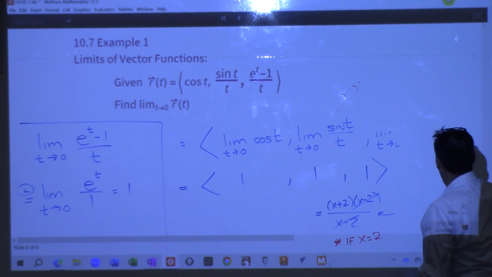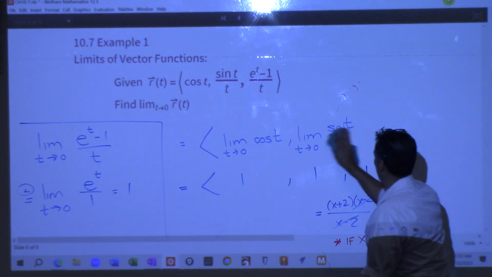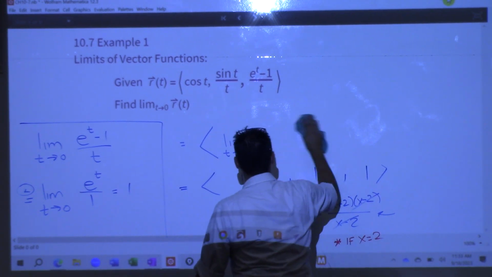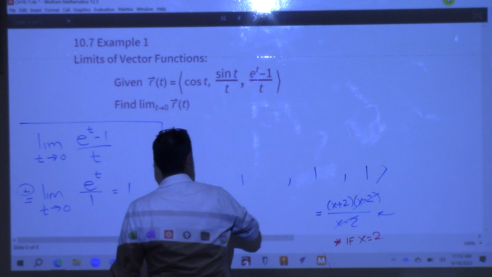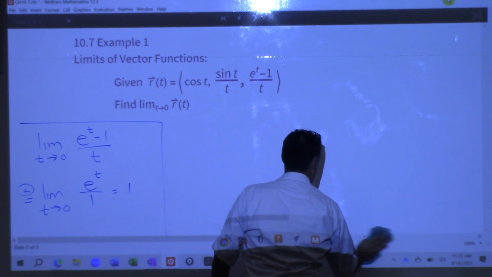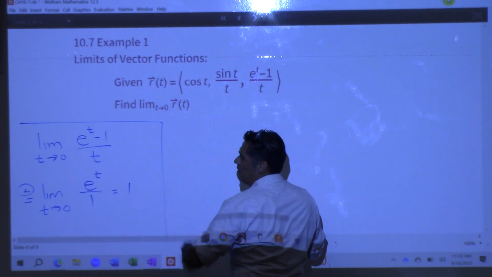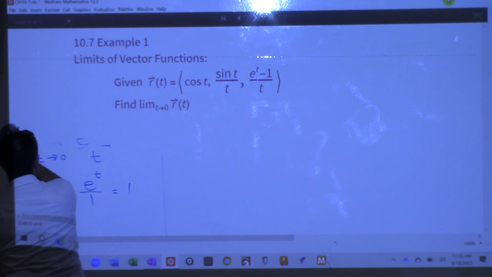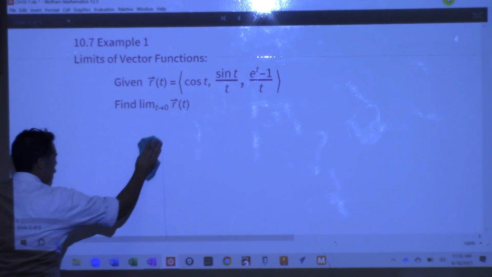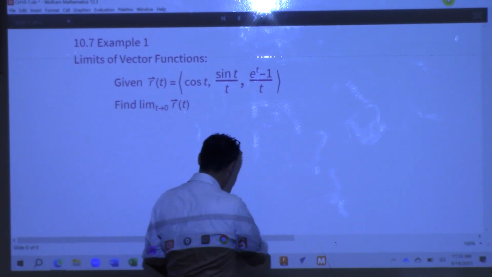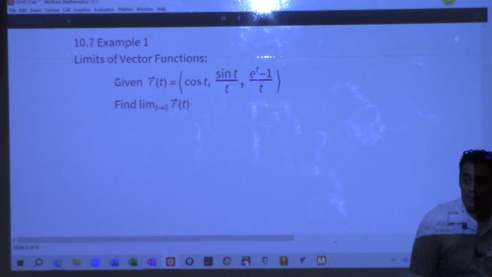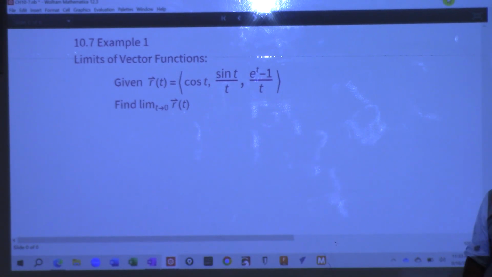And why is the limit so important? Why do we study the limit in Cal 1? What's the point of the limit? Why don't we just say it's undefined there and go about our business? Why do we need the limit at all? What's the derivative? The derivative is a limit, isn't it?